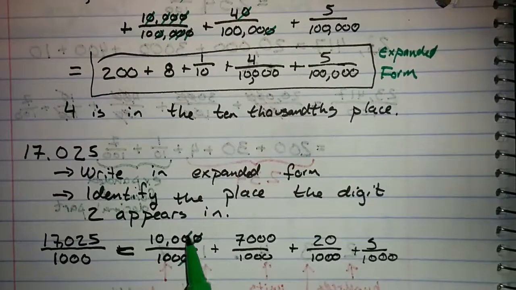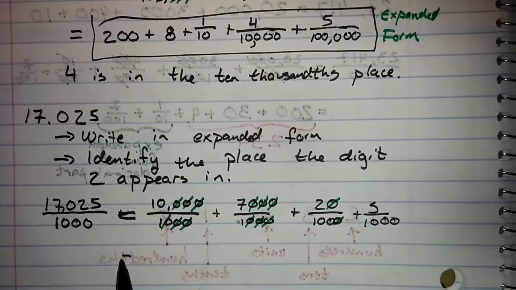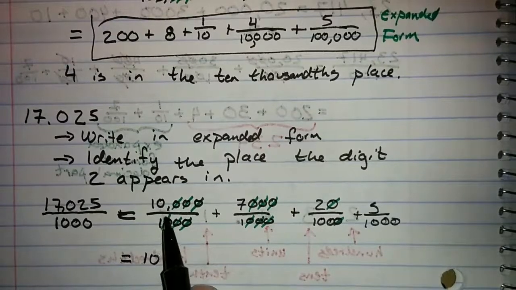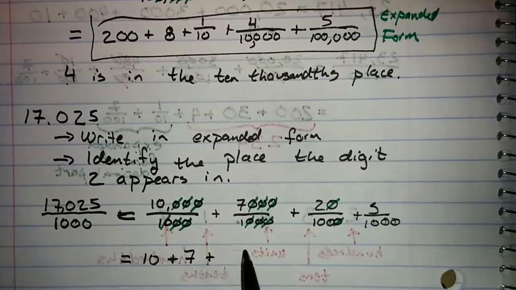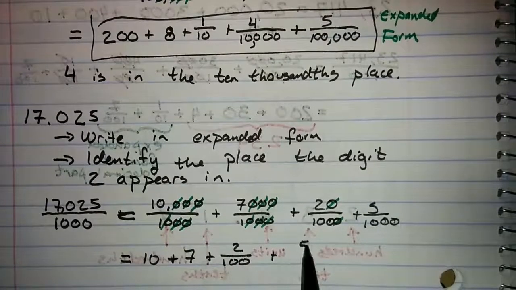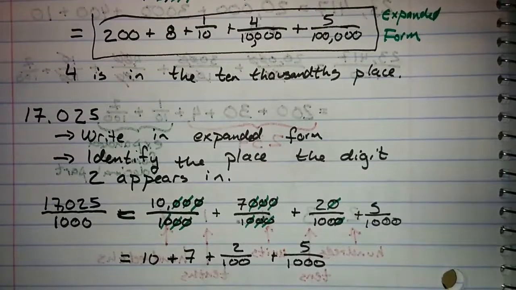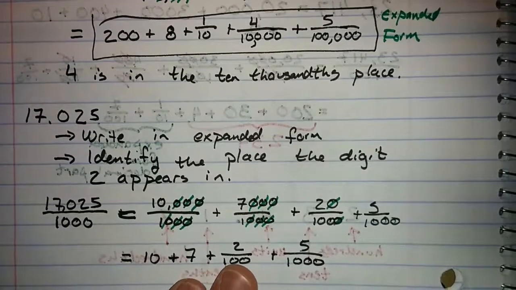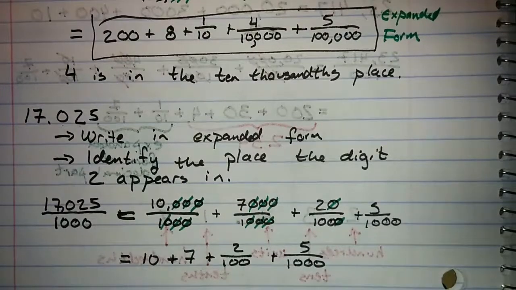Canceling several common factors of 10, what am I left with? 10 plus 7 plus 2 100ths plus 5 1,000ths. What place is the 2 in? In the expanded form, it looks like 2 should represent a number of hundredths. And indeed, I see tenths, hundredths.